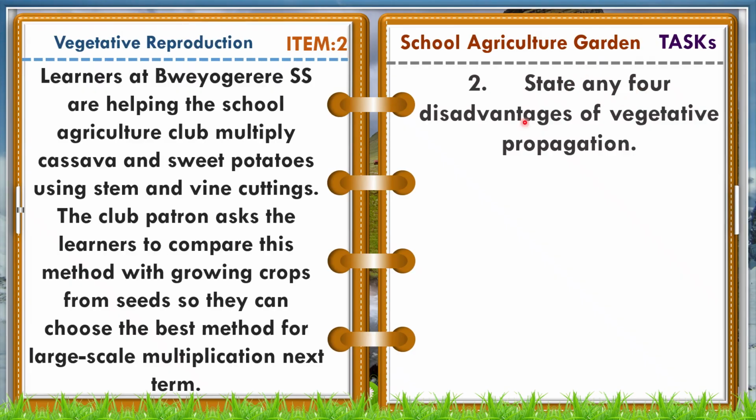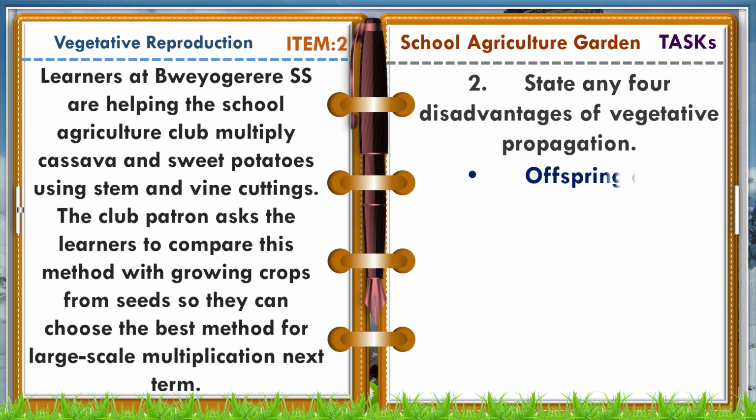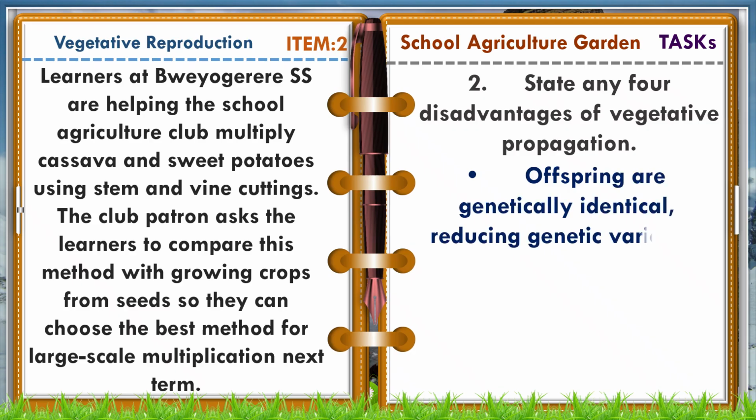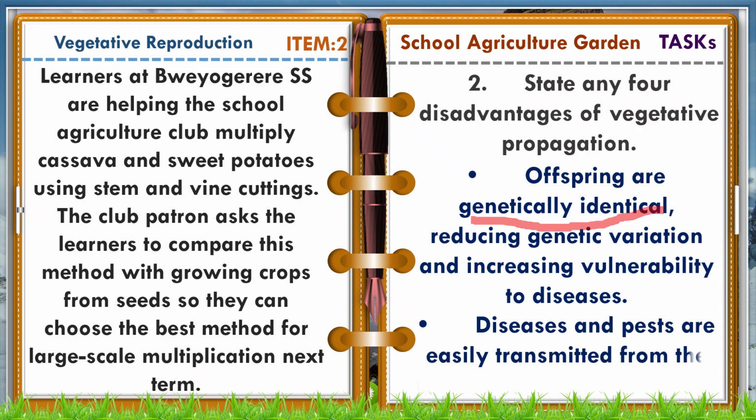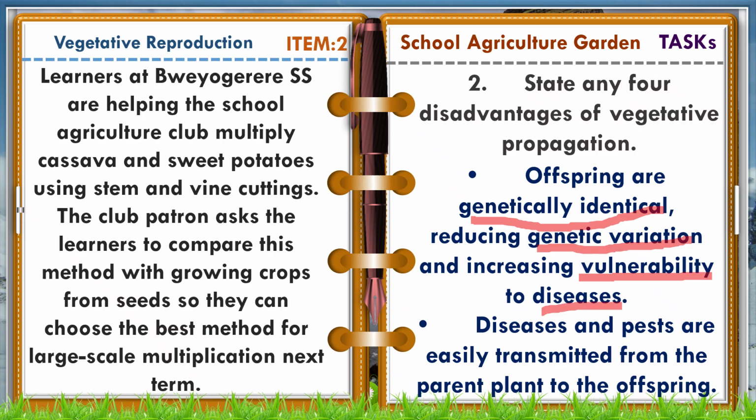State any 4 disadvantages of vegetative propagation. The offsprings are genetically identical. This reduces genetic variation and increases vulnerability to diseases.